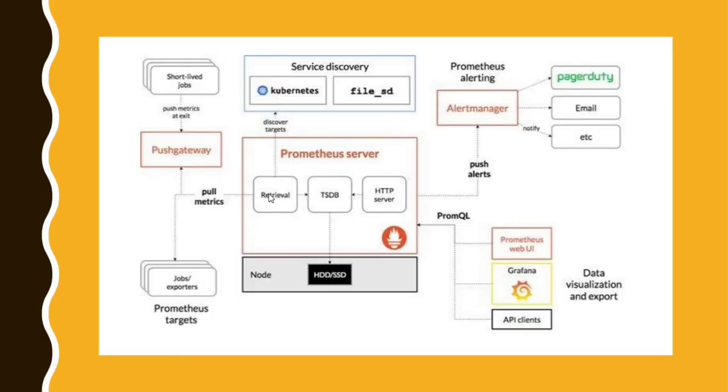Retrieval is responsible for collecting data. It connects to all the target systems, which we can see here, the Prometheus targets and devices we want to monitor, the important stats like CPU usage, memory, network traffic which is going in and out.